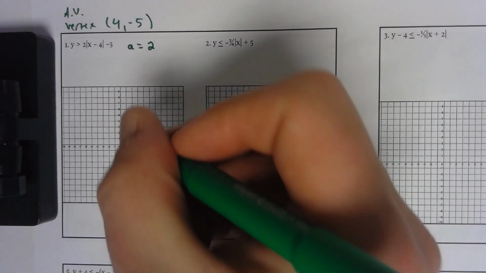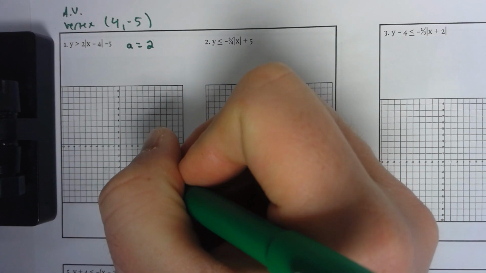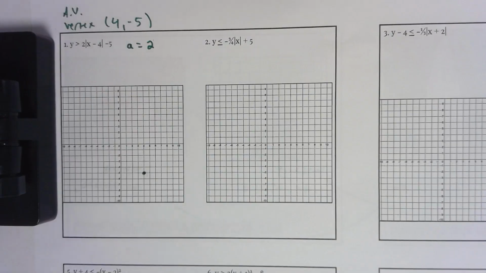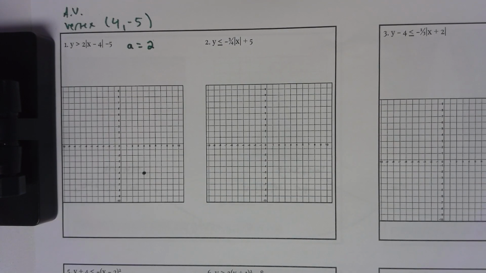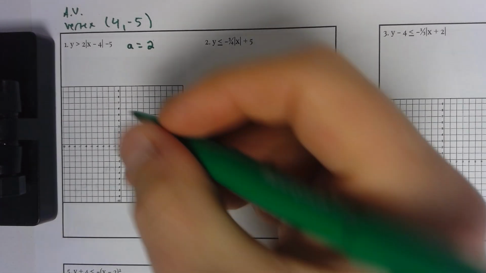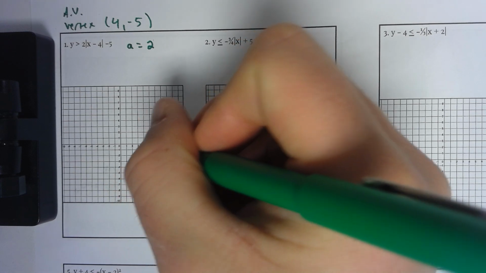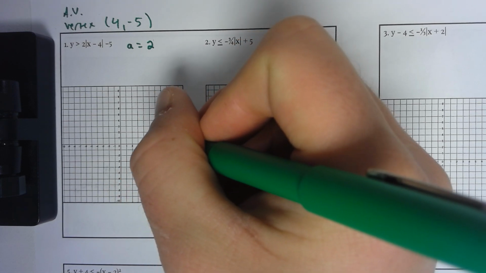So I'm going to go right 4, and then down 5. And then because of the shading here, we're going to use that a value that helps us get our next set of points over and over again until this graph takes up the entire coordinate plane that we have here. So up 2 over 1, up 2 over 1.